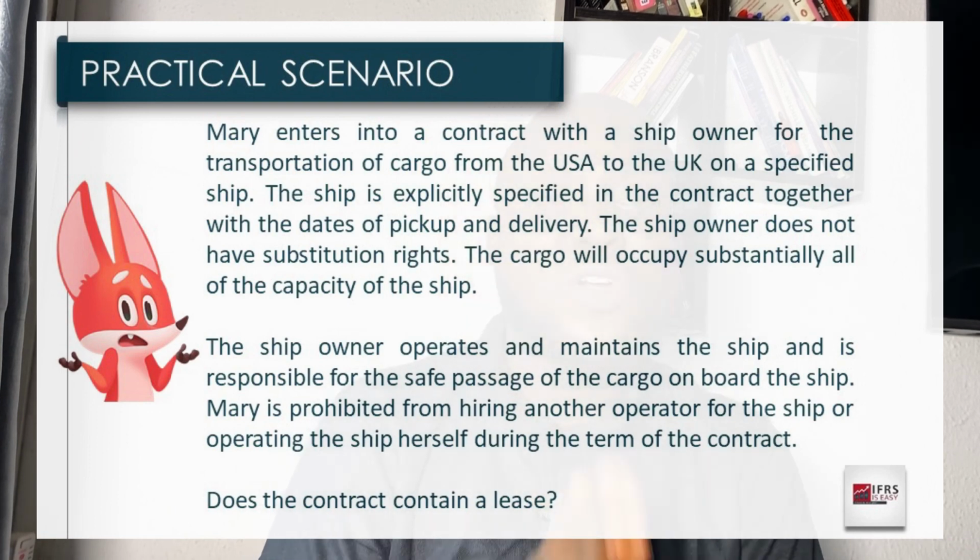However, because it is the ship owner that operates and maintains the ship, and because there is no information that mentions that Mary was part of the designing process of the ship, it means that this information has been predetermined. As a result of that, we will say that there is no lease within the contract.